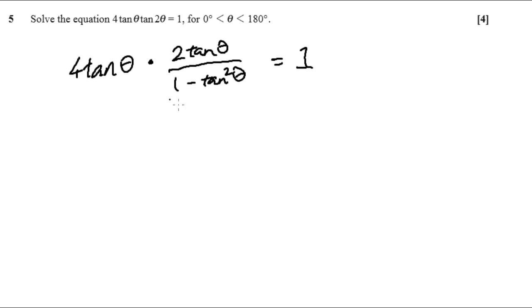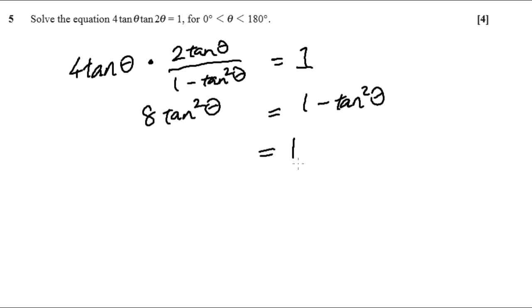With that information, we can multiply both sides by 1 minus tan squared theta and simplify the left side to 8 tan squared theta equals 1 take tan squared theta, and rearrange to get 1 equals 9 tan squared theta, and by rearranging again and taking the square root, you get 1 over 3.